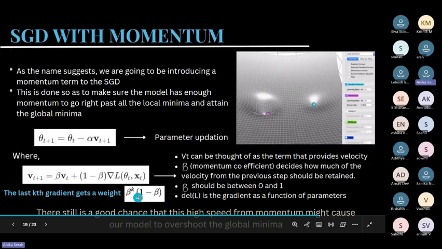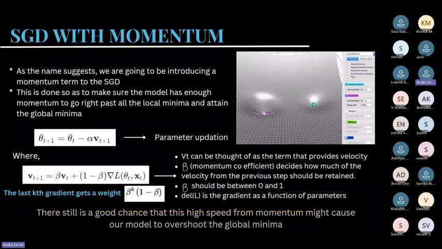So what this does is, as k gets higher, or as this gradient gets older, it's going to get less weight, and the more recent gradients get more weight. So this is very good and dynamic, where really irrelevant gradients and steps from the past, you forget them, and the recent steps you remember, so that you can make a more informed decision on the next step.